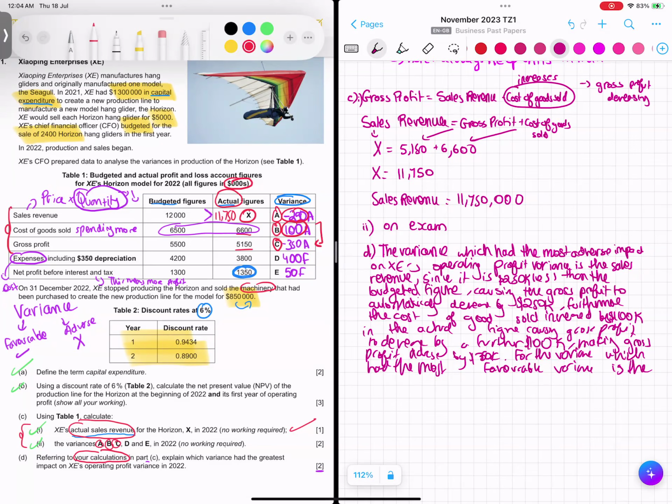Okay, so to move on is the expenses, as it was 300K. Oh, sorry, it's 400K less than budgeted. Meaning, so here you have to show the examiner that you understand what's happening.